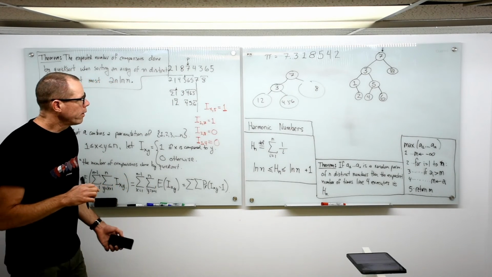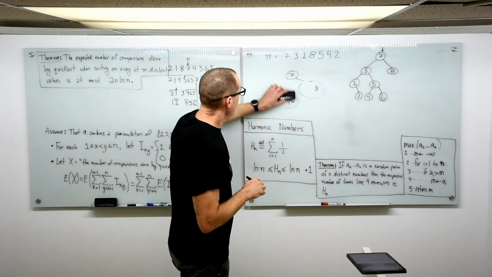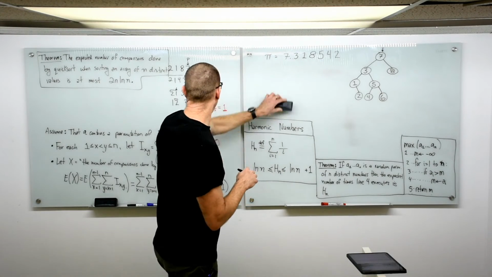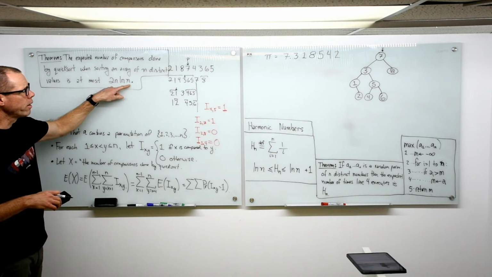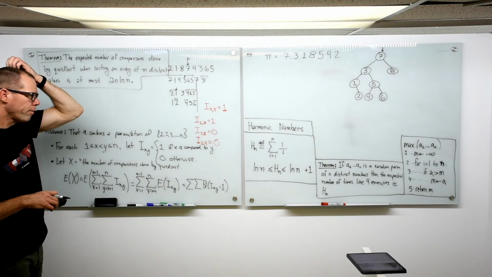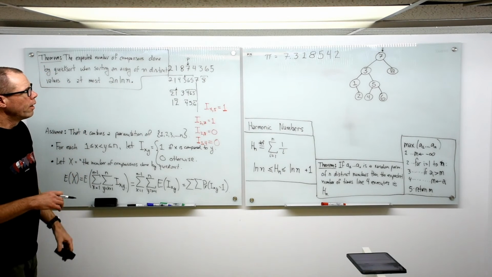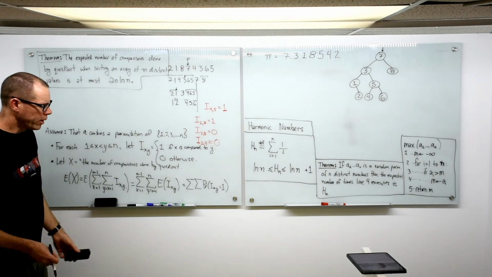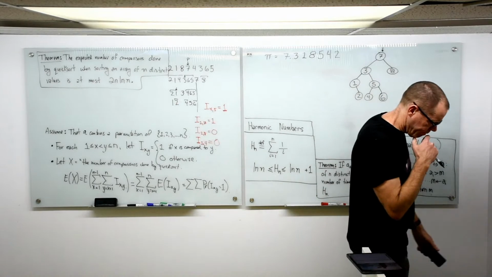All right. Now, we saw that Quicksort does a number of comparisons, which is 2n ln n. Somehow the harmonic number comes into play. And we can kind of imagine 2n ln n.